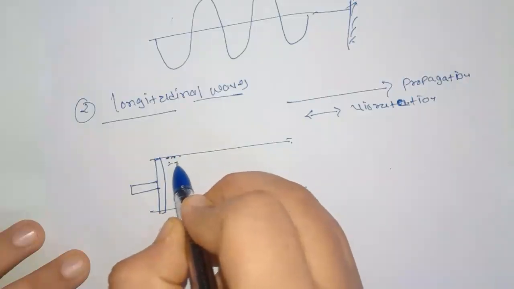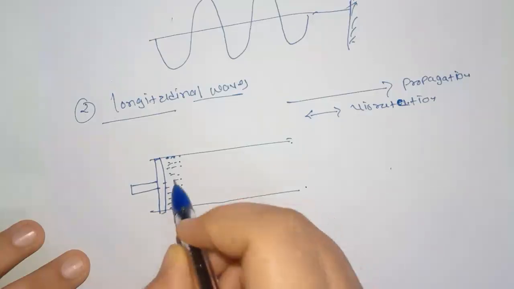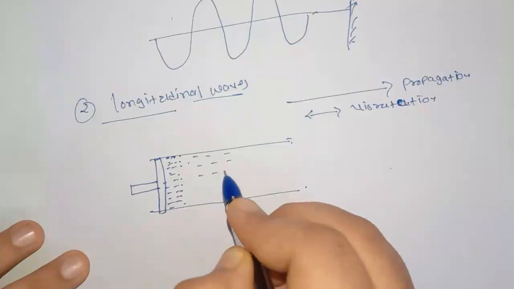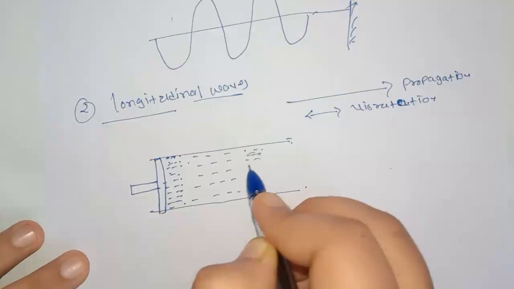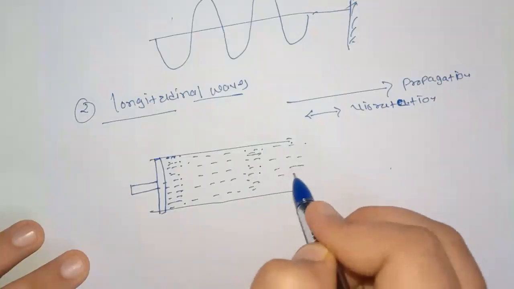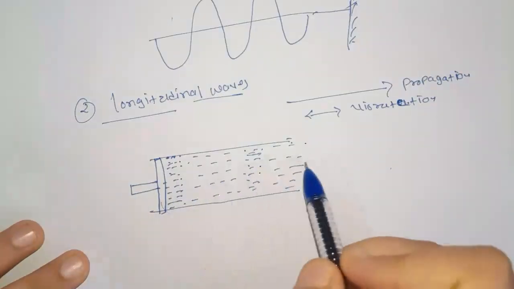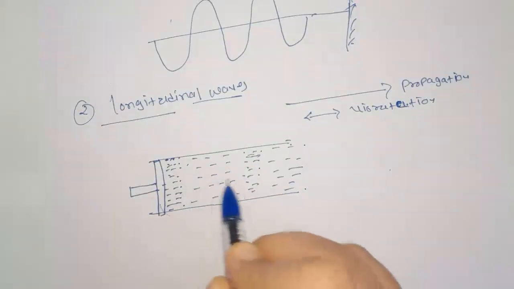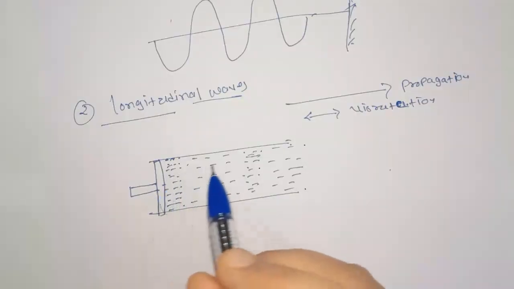As we move it right, there will be compression, and in compression the pressure will be more; then there will be rarefaction, the pressure will be less; again the compression of high density region, again the rarefaction. So in this case, the wave is propagating in this direction and particles are also vibrating parallel to the direction of propagation. So this is the longitudinal wave.